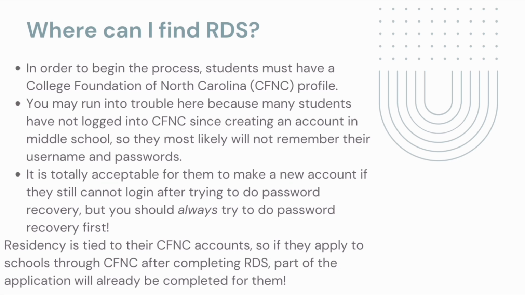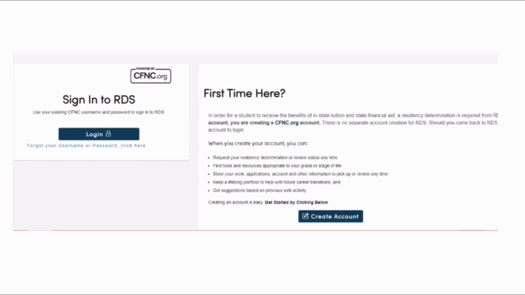You must always try a password recovery first, since residency is tied to your CFNC account. So if you do apply to school through CFNC after completing your residency, part of the application will already be completed for you. This is what the website looks like.